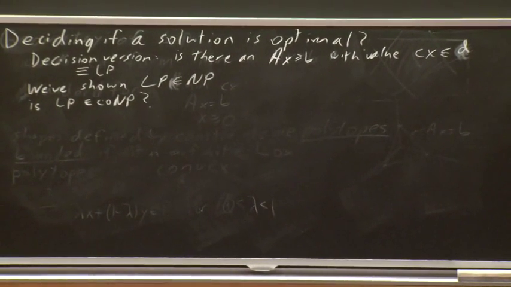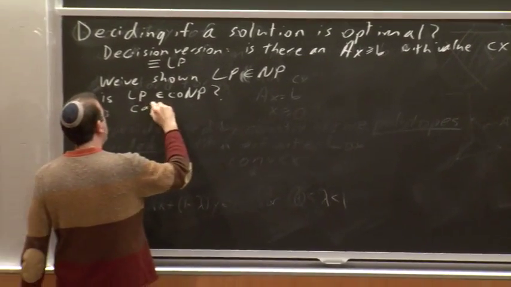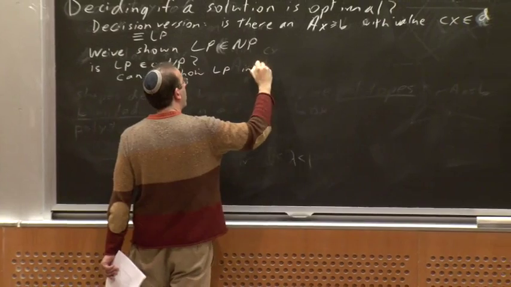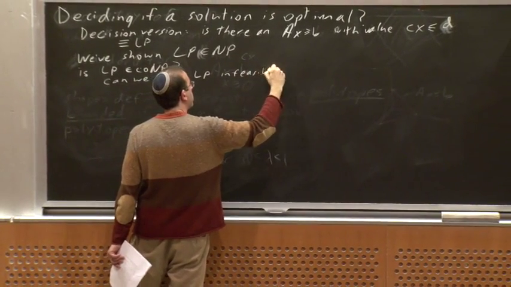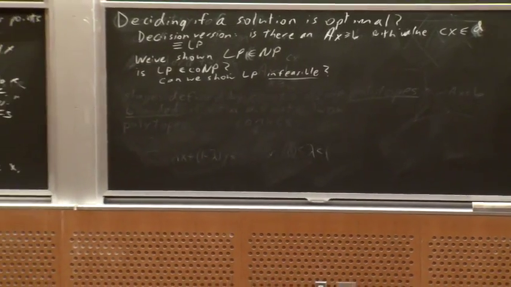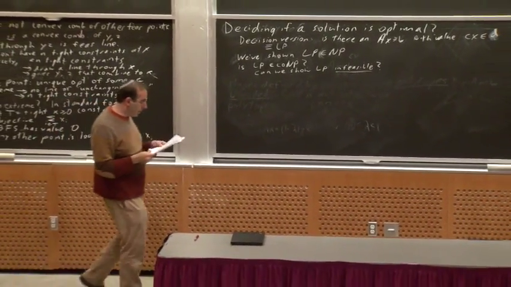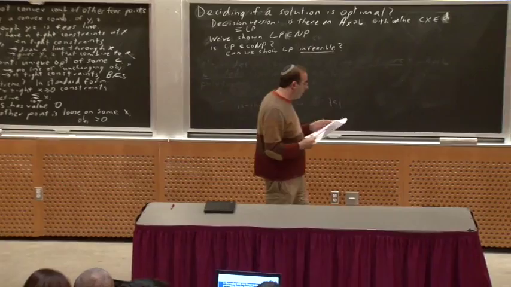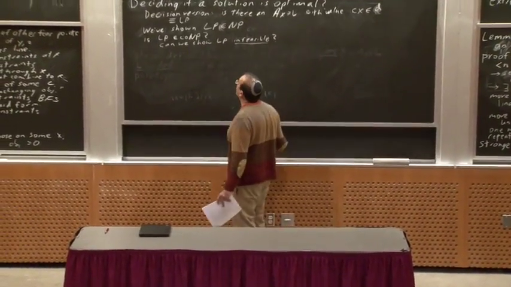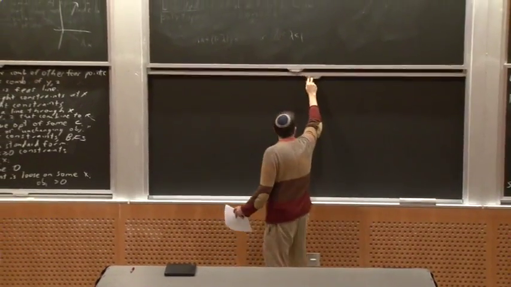And if you think about it, this is saying, can we show that a particular linear program is infeasible? There's no solution, which is like asking that there's no solution better than a given value. So that's what we're going to try next, working in that space of problems.